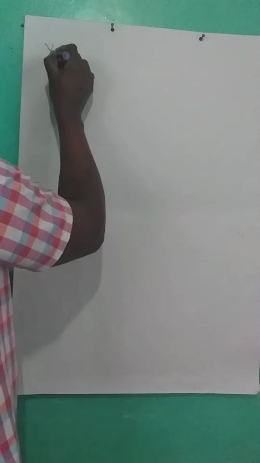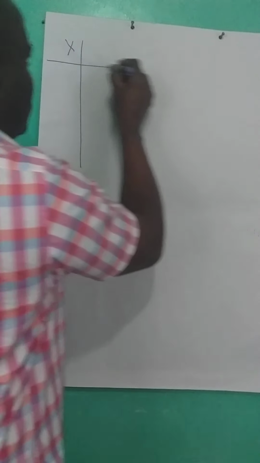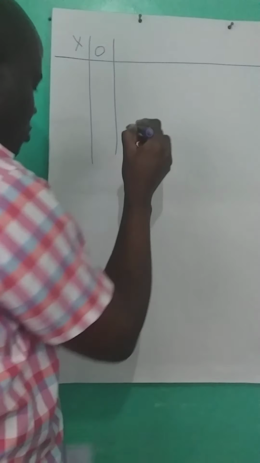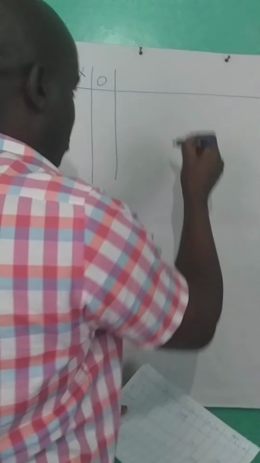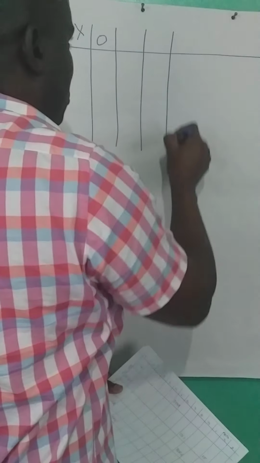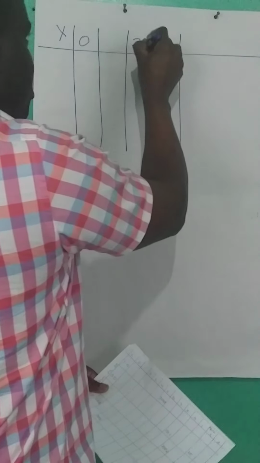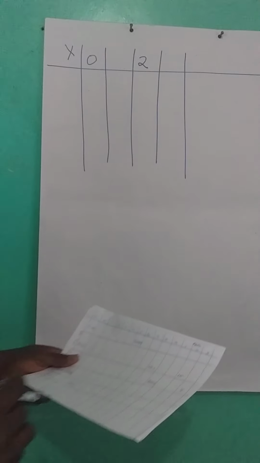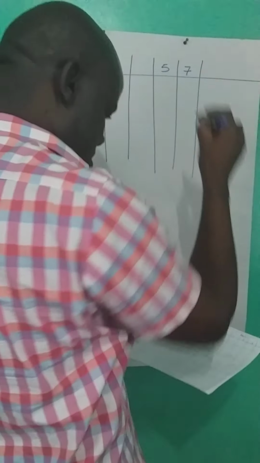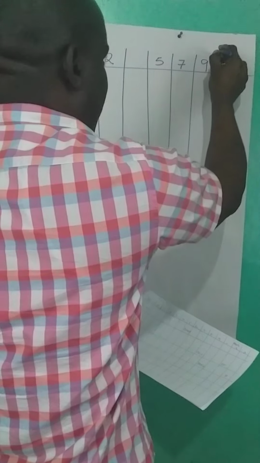Now, I'm going to draw a sample of our mathematical tables. There is the first column under x. Then we have the middle columns with 0, let me skip 1, 2, then 5, 7, and 9.